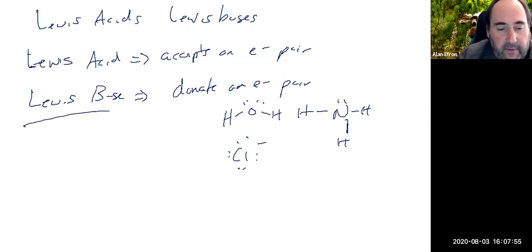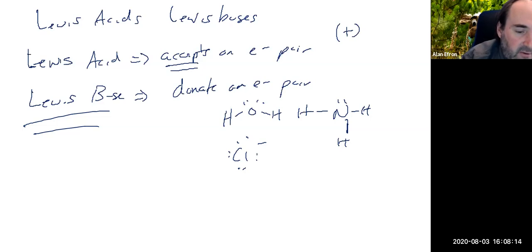And if you remember, we saw these Lewis bases when we talked about transition metals, or more importantly, complex ions, the coordination compounds. These are the ones that donate in. The ligands that are attached in a complex ion are Lewis bases. Things that are good Lewis acids are things that have a positive charge, right? Positive charge implies that it has lost electrons, so it's electron deficient. So it's more apt to want to accept a pair of electrons.